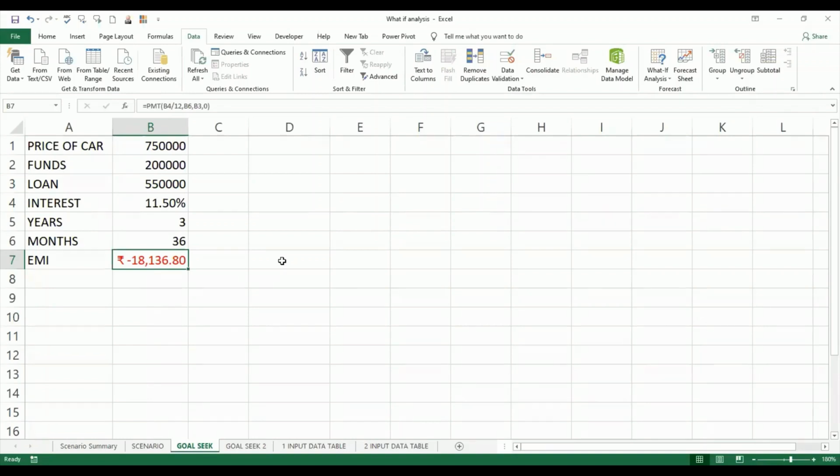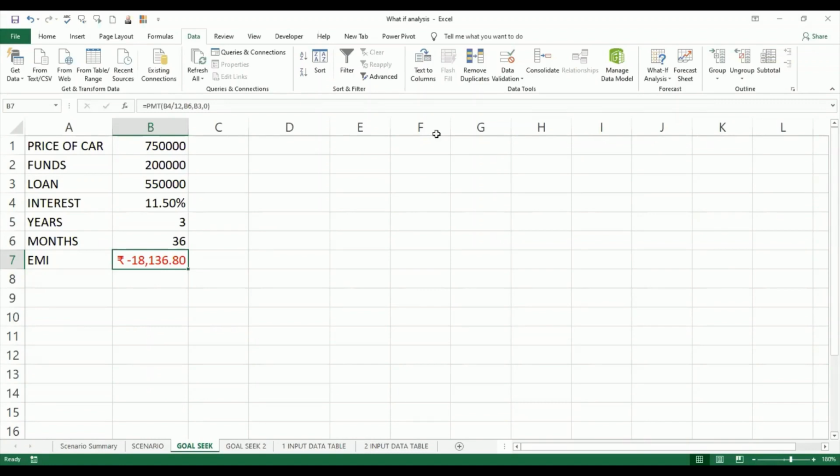How do I get that value? That means based on that analysis, I want to know the price of my car. As simple as that. If I am ready to pay 15,000 rupees a month for 36 months, the rate of interest is also the same, my fund is 2 lakh rupees, how much or what value car can I afford?